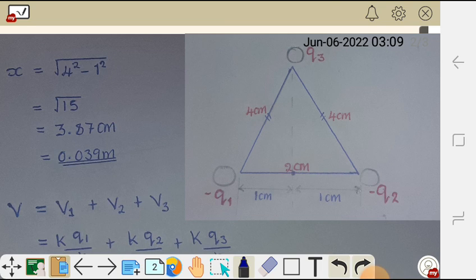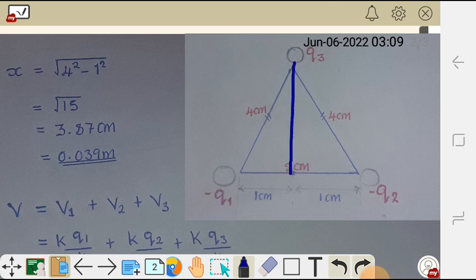The distance from this charge to the point of interest is simply half of 2 centimeters, which is 1 centimeter. And the distance from Q2 to that point of interest is also 1 centimeter. But the distance from Q3 to the point where we are required to calculate the potential, we do not have, so we need to calculate it first.